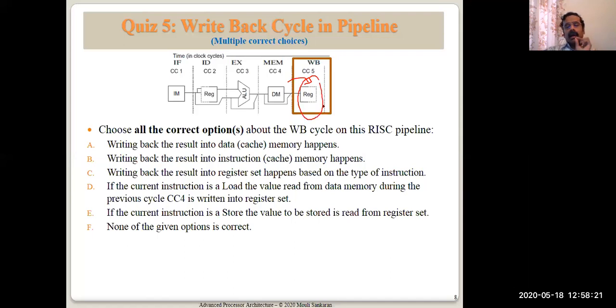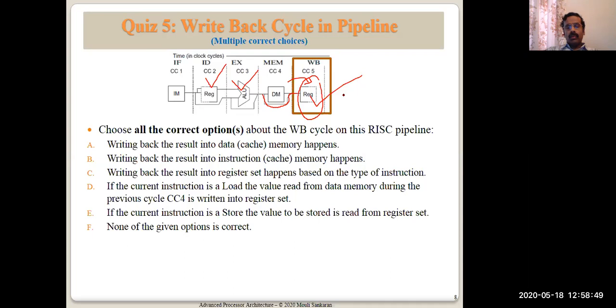Assume it was an arithmetic operation, that means add R1, R2, R3. If that is the case, the add operation was performed here and its operands were fetched here, and the result that was computed was passed through this and is available now. I can write the destination register here.